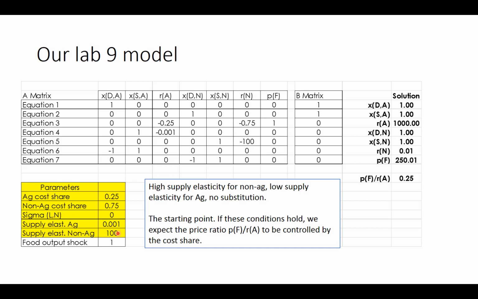Okay, so that gives us a starting point, and it gives us the same result we had last week, more or less. The ratio of the output price to the input price is exactly the cost share when there's no substitution and these elasticities are small and large, so it goes to this inelastic good's cost share.